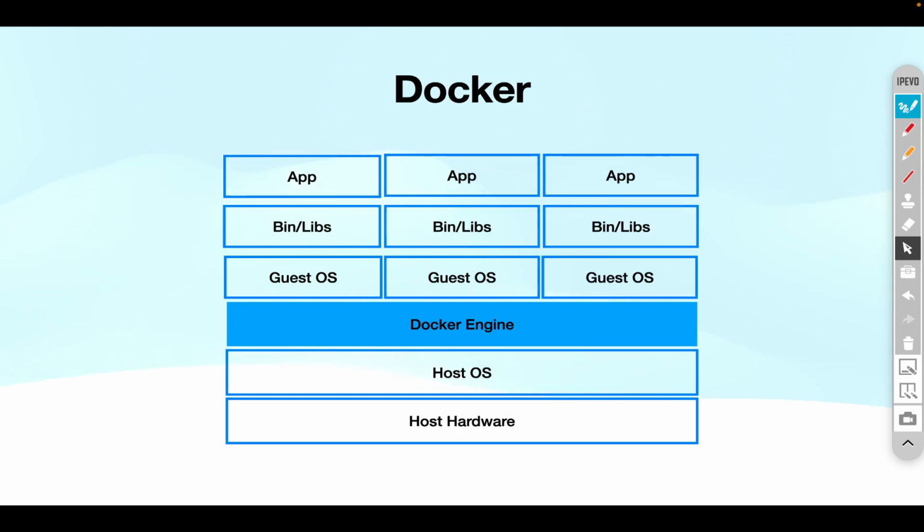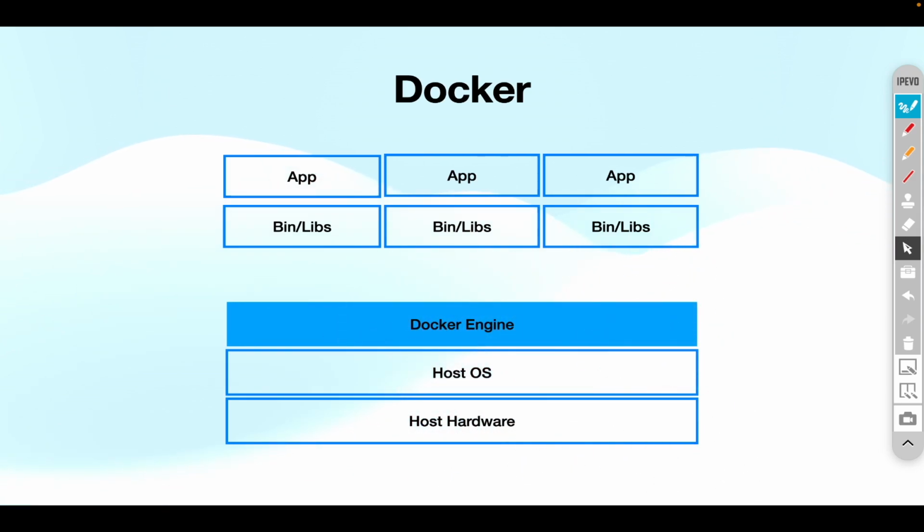Let's say you want to run MySQL, right? You don't need to install an operating system with all the binaries and libraries. So the only difference, I could say, is that we are removing the guest OS. Now on the Docker engine you will have different components, containers, running, and containers will have the required binaries or libraries for an application.